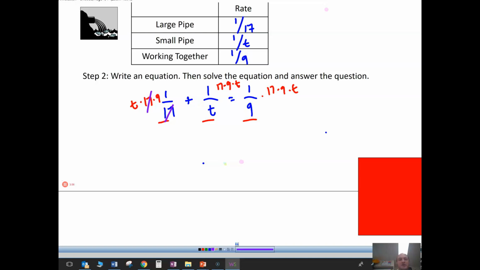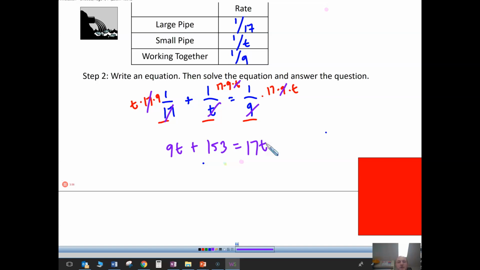All right, so then we have 9t plus, over here, t cancels, and we get 17 times 9. So 17 times 9 is going to give us 153, which is equal to, now I'm going to reduce the 9, okay, and we have 17t.